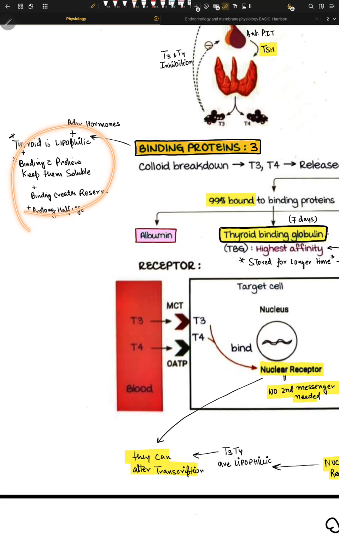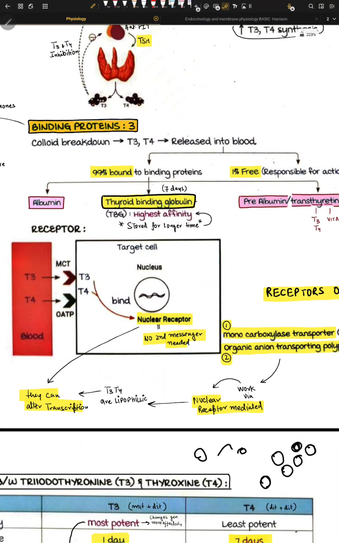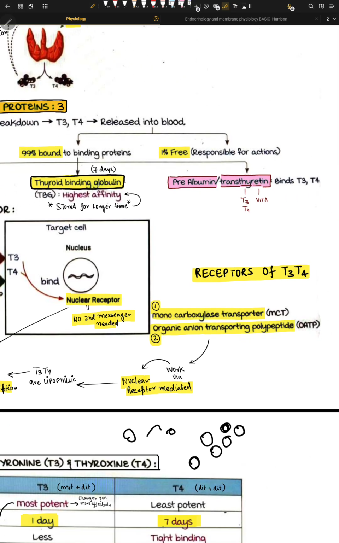Okay, I will tell you why the binding is needed. There are three binding proteins. One is albumin, second is thyroid binding globulin, and third is prealbumin, which means just a stage before albumin, also called transthyretin. So this transthyretin is cool, and I will tell you why.